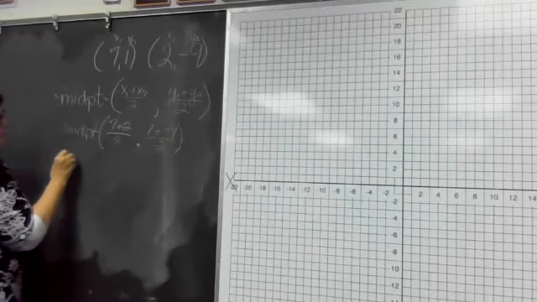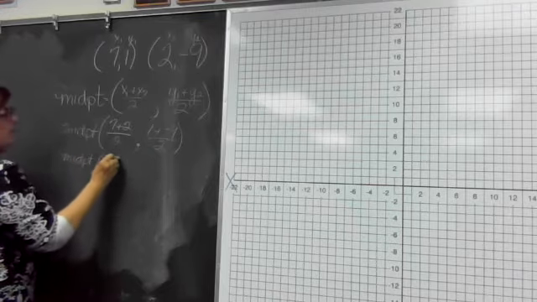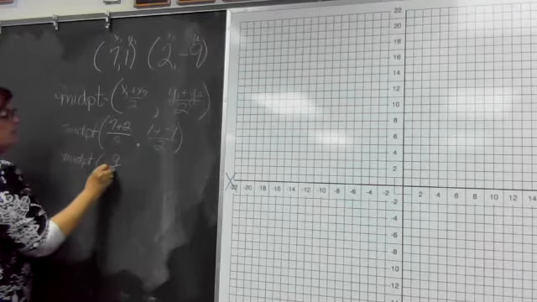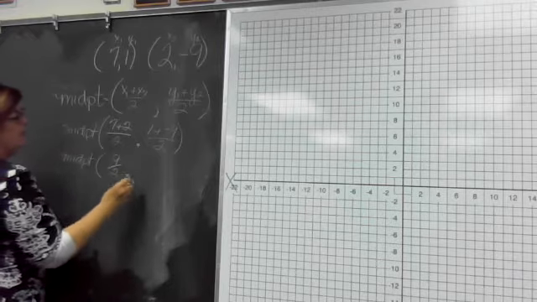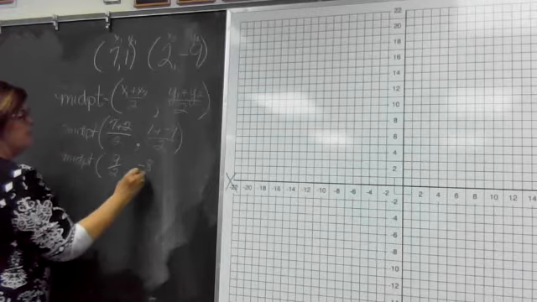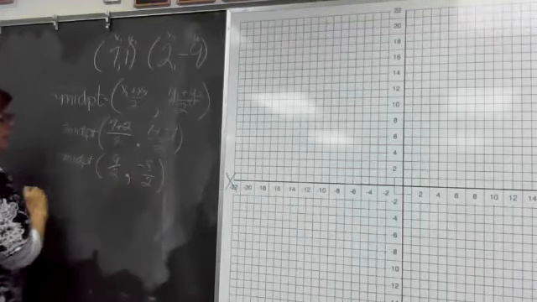And then all we have to do is the math. So I have 9 over 2 and -8 over 2 because I add here.